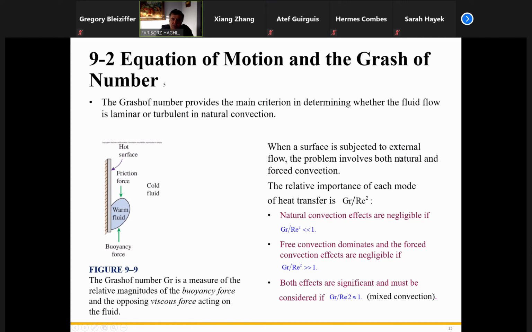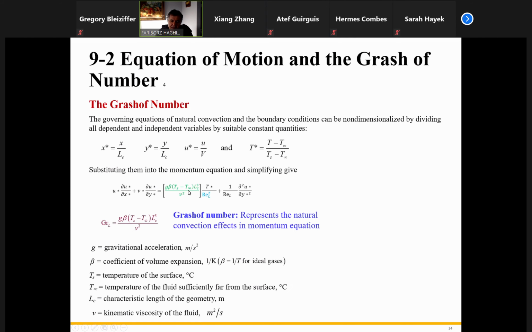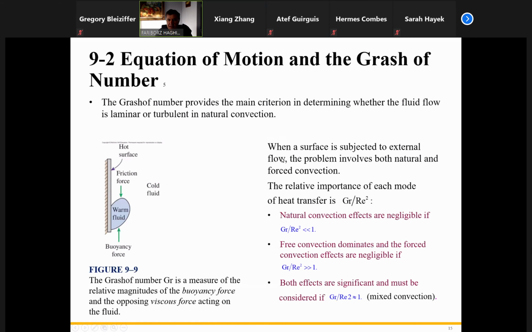When a surface is subject to external flow, meaning you have a fan or something, the problem involves both natural and forced convection. Now we have to decide when one is dominating, when the other is dominating, or when both are.